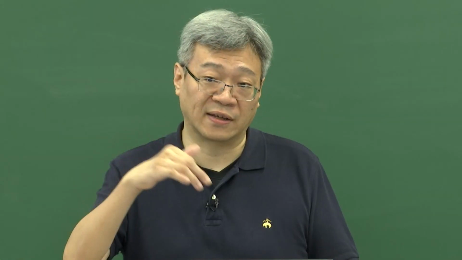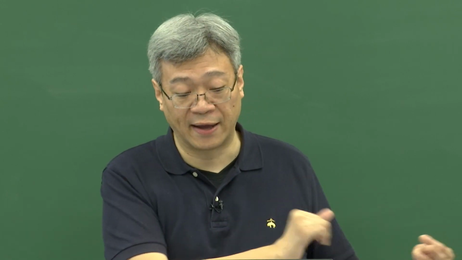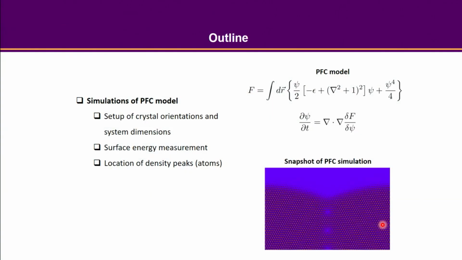And you are waiting for the next local maxima that corresponds to the other atom. But that kind of density description is useful because it's sort of like a density functional theory, so you don't have to track the position of each atom. But in solid mechanics, usually it is quite useful to pinpoint the exact location of each particle. So there you can track the motion and even calculate the strain, things like that.